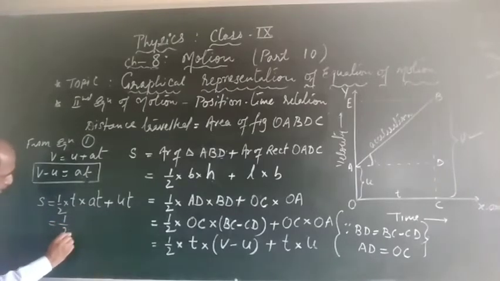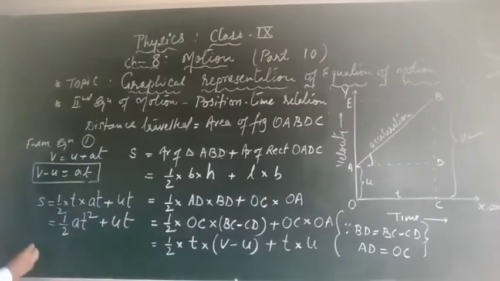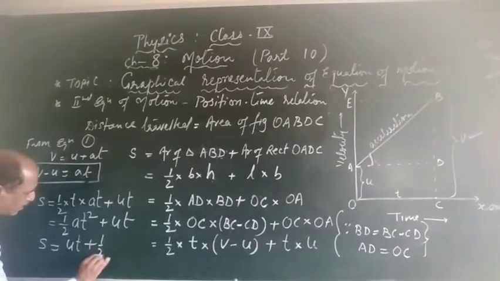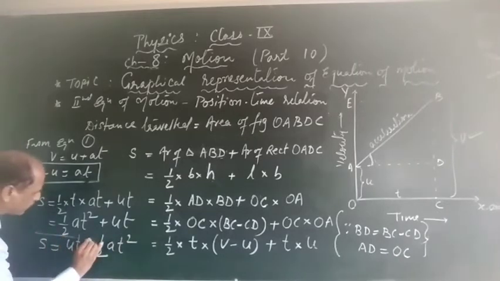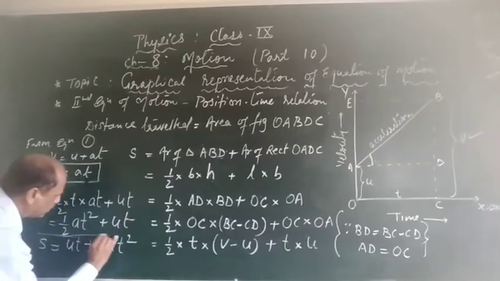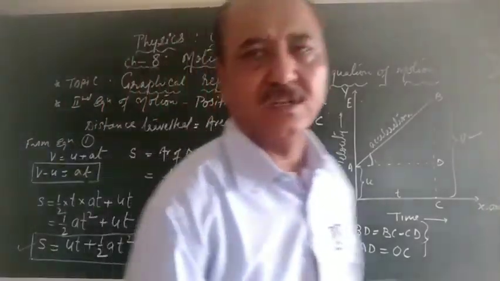This will be half at square plus ut, or we can say s equals ut plus half at square. So this is our second equation of motion, students.